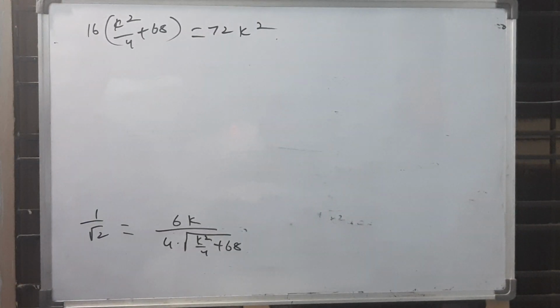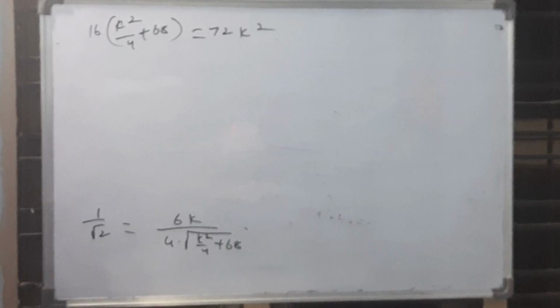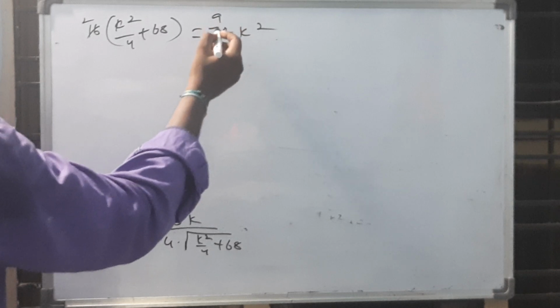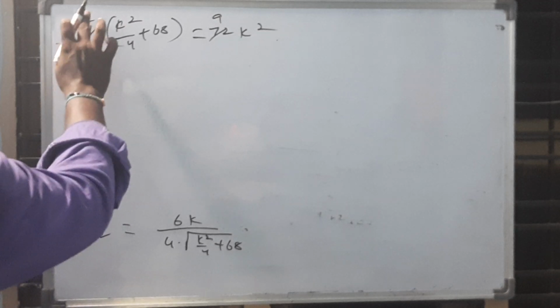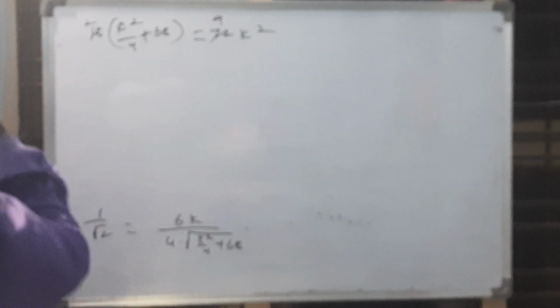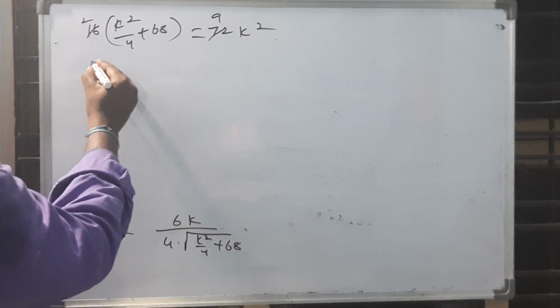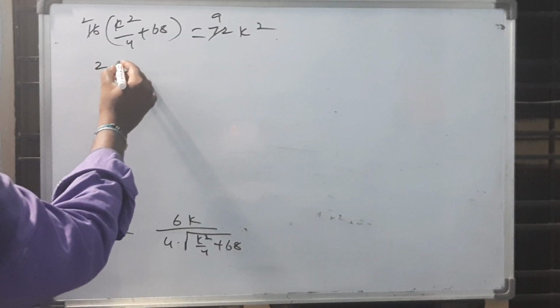So here 4 cancels, 4 2s are 8, 4 9s are 36. The remaining is 2 into k square by 2.